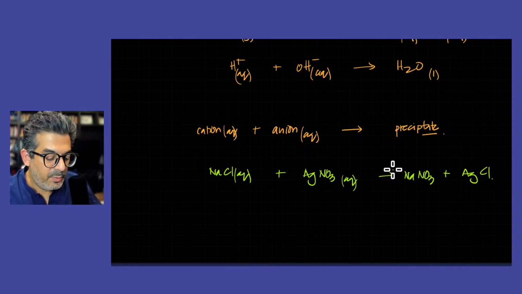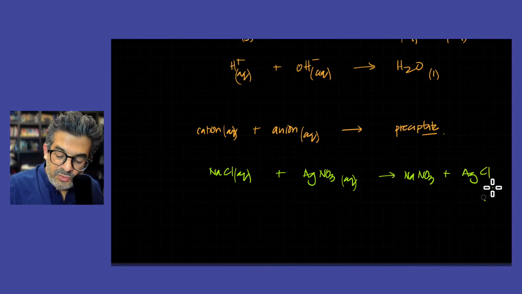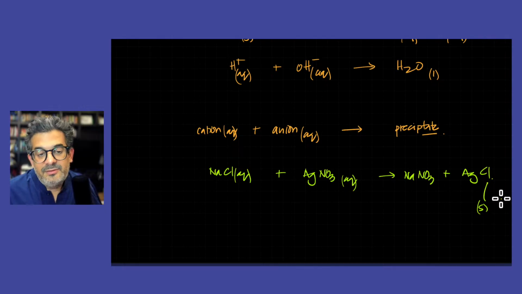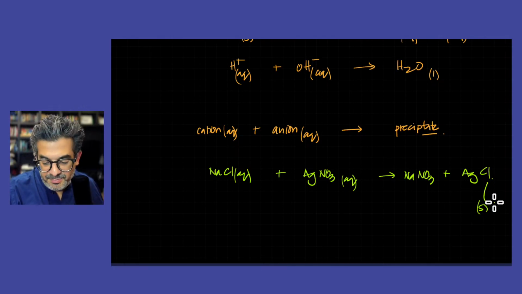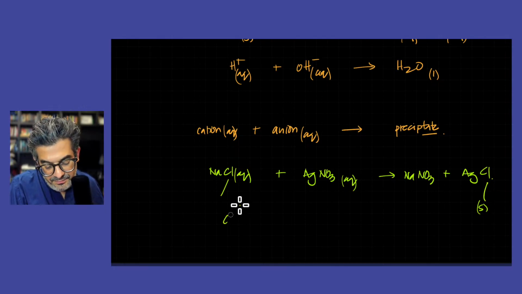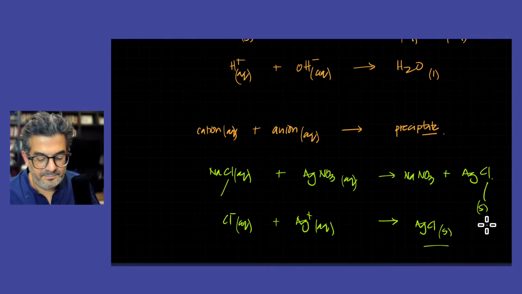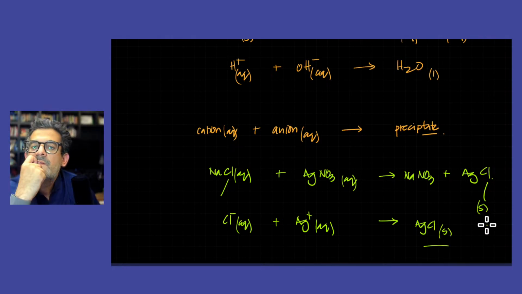Now what's the ionic equation here? Well, you know that AgCl is a solid. If you do not know that, you can't even make the ionic equation. So you would have to know that first, right? So once you know that is a precipitate, you would say, Cl minus aqueous plus Ag plus aqueous becomes AgCl solid.